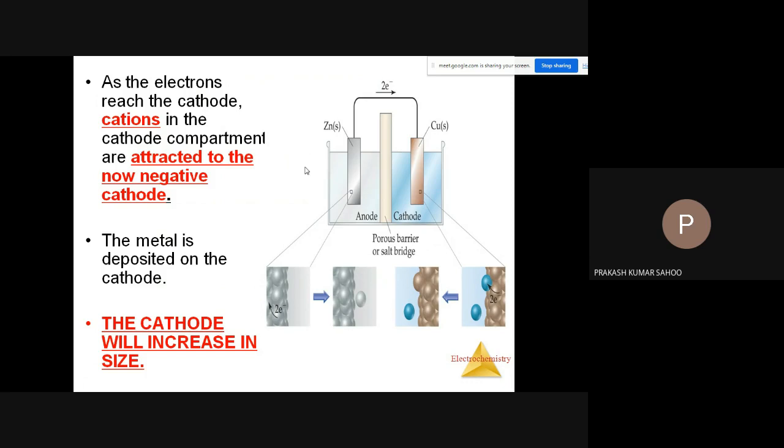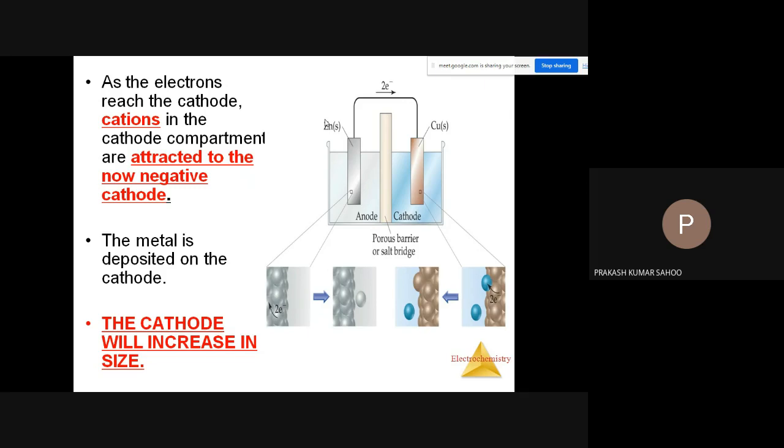Always remember that the potential of any element is determined when it is coupled with the standard hydrogen electrode. What is the standard hydrogen electrode? In short, it is known as SHE. The standard reduction potential of the standard hydrogen electrode is 0 volt, because the hydrogen electrode does not produce any electricity, and we will go through that.